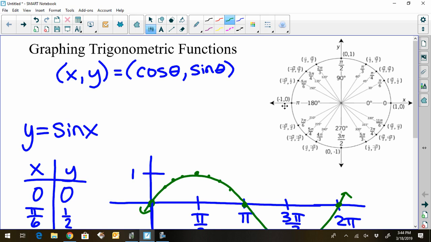We'd be at 3 pi, which would still be at 0. We'd be at 7 pi over 2, but we'd still be at -1, and it keeps going. Our next one, 4 pi, would be at 0 again.